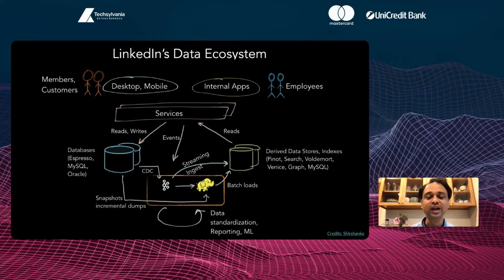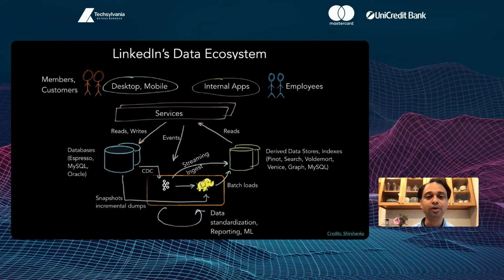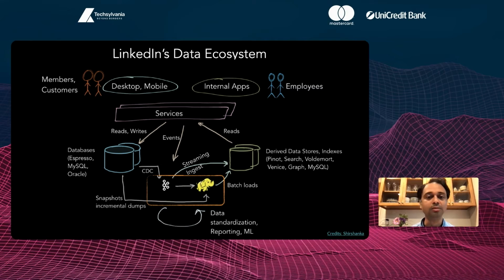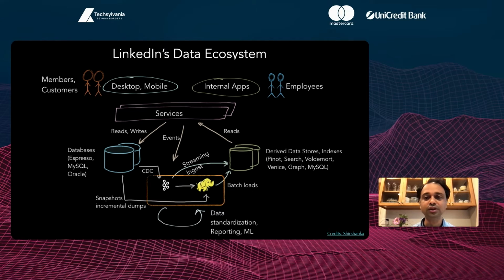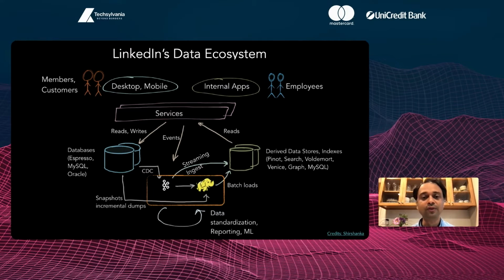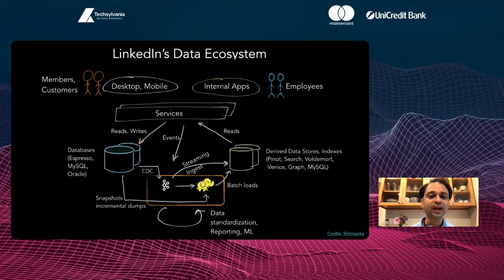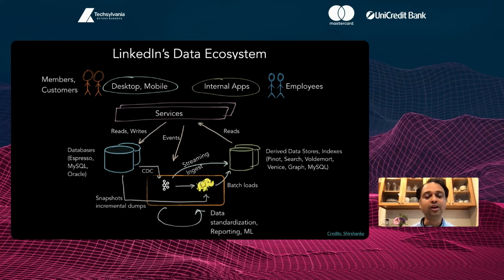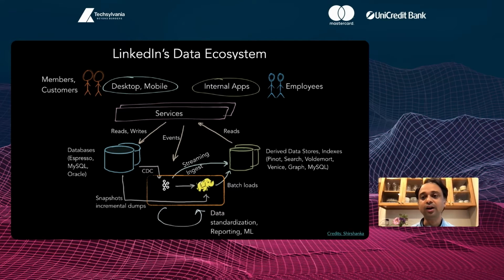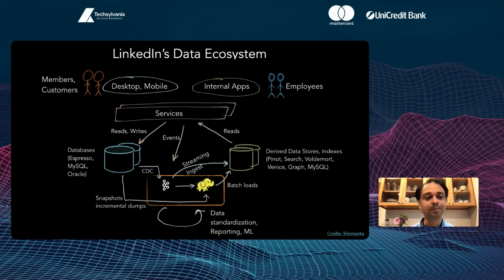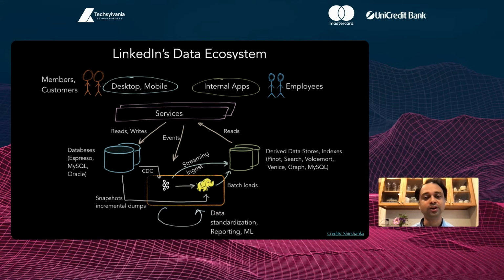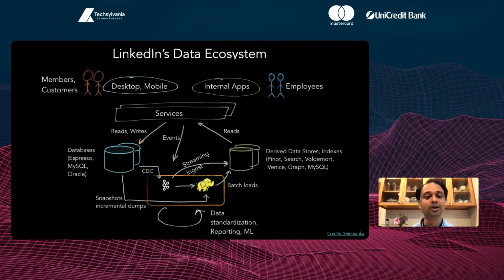For example, imagine you're a member, you go to linkedin.com or open your mobile application and you start looking at your feed. Maybe it's time to update your profile, send somebody an email. All these actions that you take on LinkedIn are generating a ton of data, whether it is being read or written from your underlying databases.